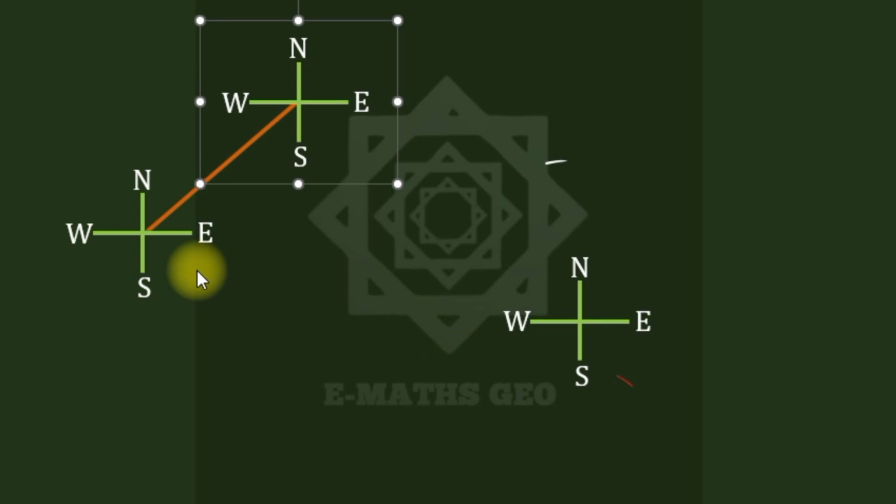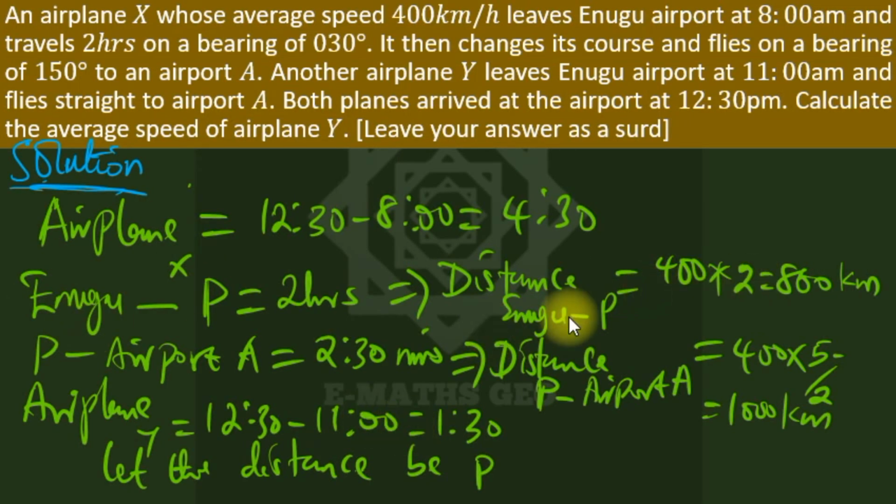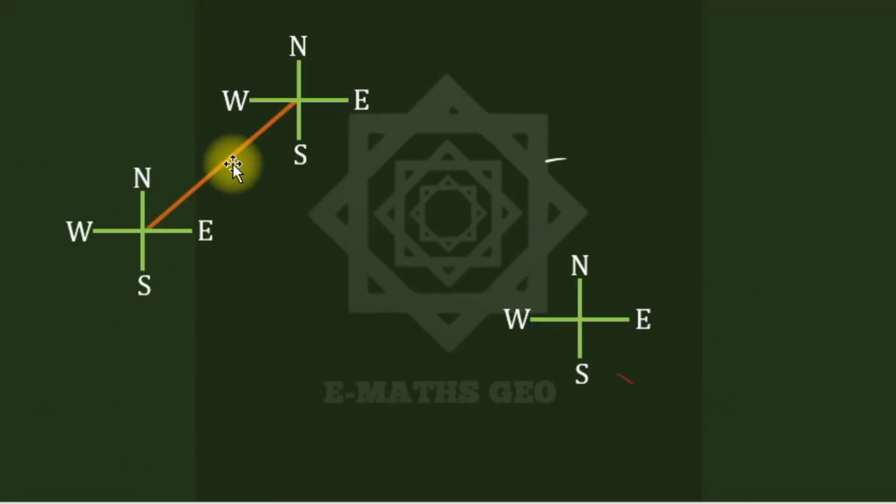The distance from Enugu Airport to P, the first part of the journey, is 800 kilometers. The second part is now 1,000, so it will be longer at a bearing of 150.